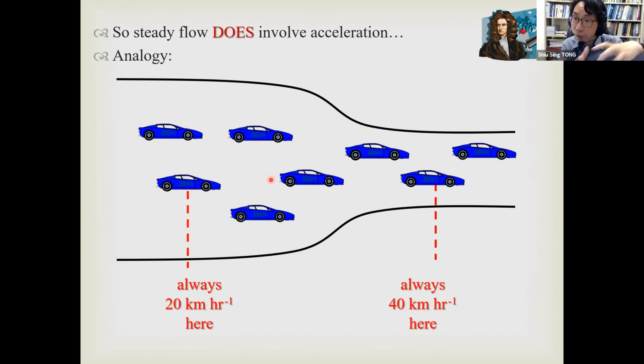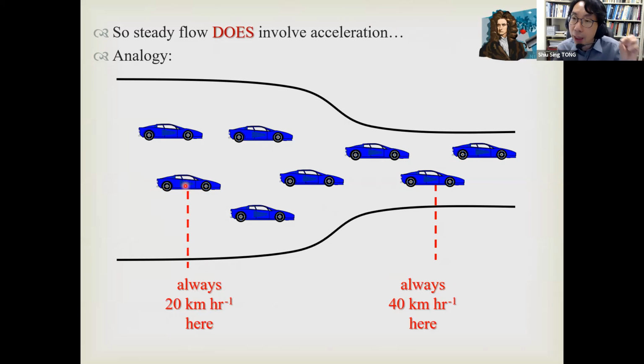So that means if the road is wider, the cars drive slower, and if the road is narrower, you have to drive faster in order for cars not to accumulate at the junction. Now suppose the velocity of the car is 20 kilometers per hour at this position, and at another position in the narrow part of the road, the car velocity is 40 kilometers per hour.